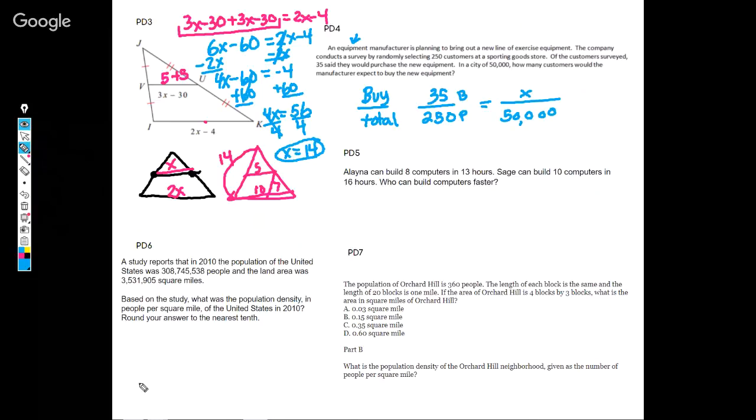We want to know how many people are going to buy, assuming all things are equal. So this is where we do our cross multiplication. The P just stands for people, no big deal. We've got 250x. I'm not doing that math in my head, it hurts. 35 times 50,000. Whoo, that's a whole lot.